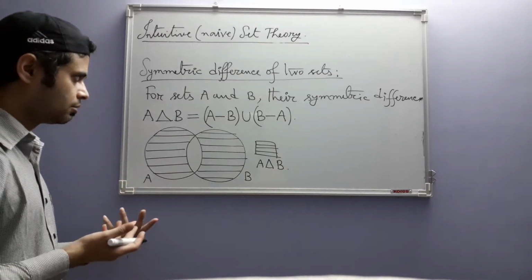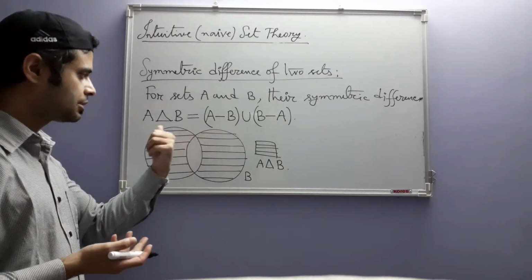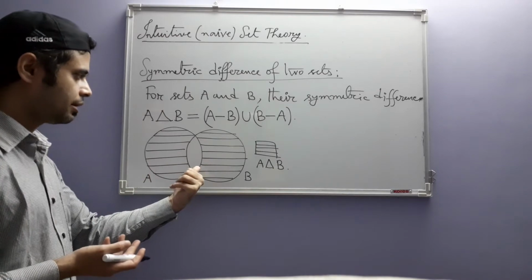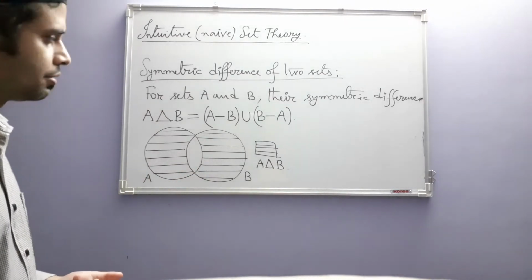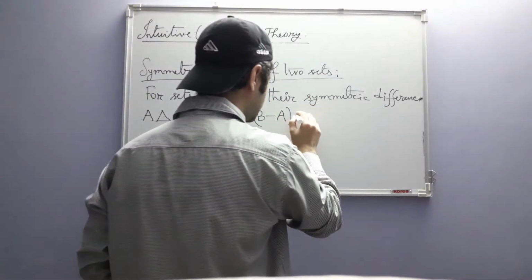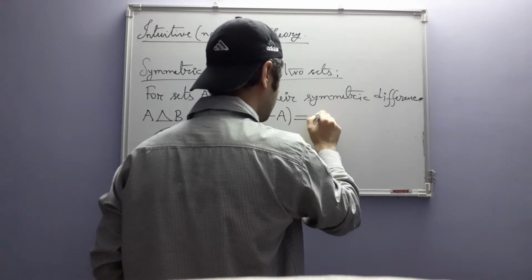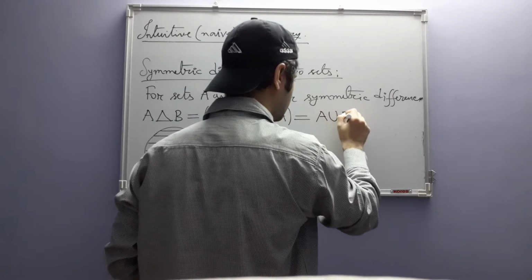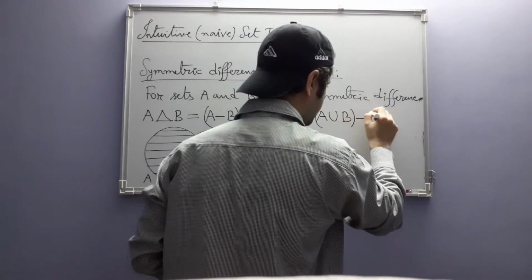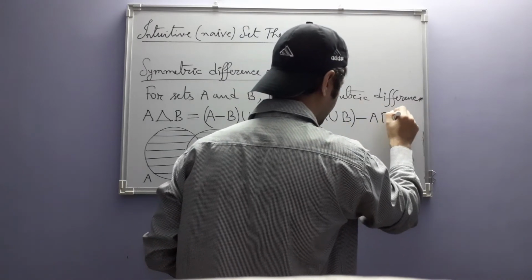What I am asking is, can you see this set in a different manner? If I write, this is also equal to A union B minus A intersection B, am I right?